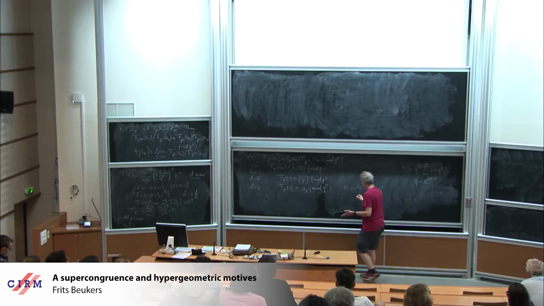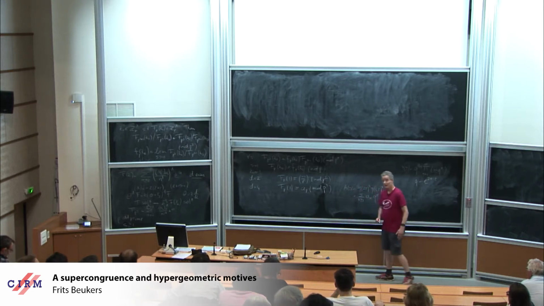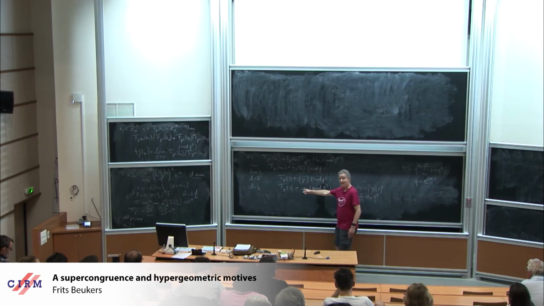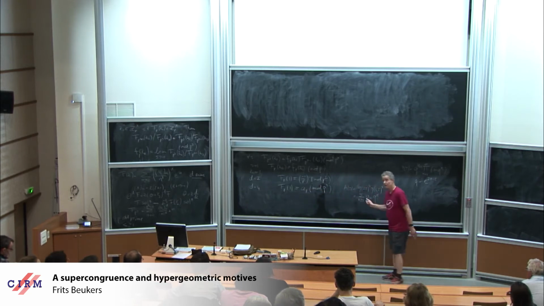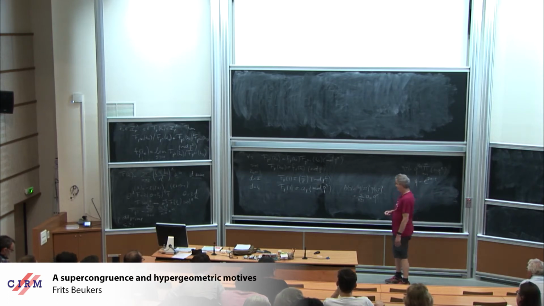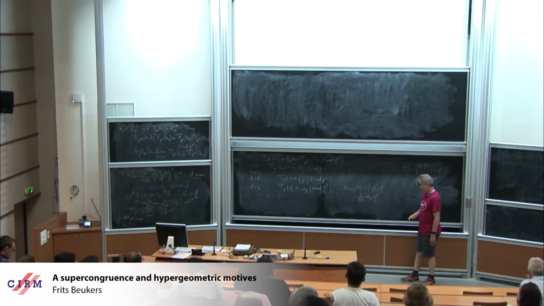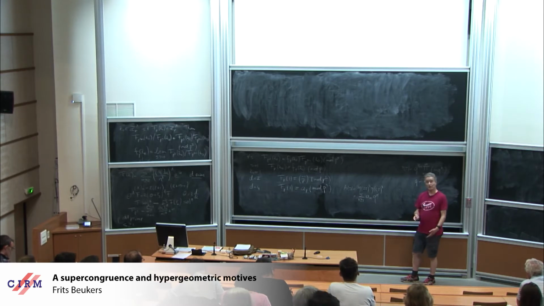Now, you can expand this in terms of powers of this Q, and it turns out that this number AP here is precisely the pth coefficient of this Fourier series of this modular form. Which is quite surprising. So we started with some hypergeometric sum, and I get something which is of modular nature.